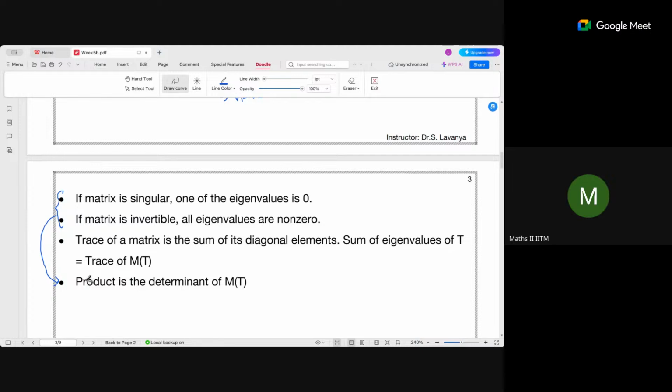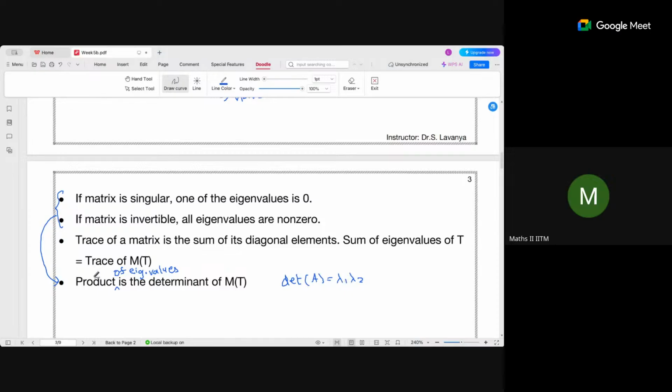So the product of eigenvalues is the determinant of M of T. So the determinant of M of T is nothing but lambda 1 lambda 2, right? From here, if this is 0, then one of these has to be 0, and if this is non-zero, then both of them have to be non-zero.